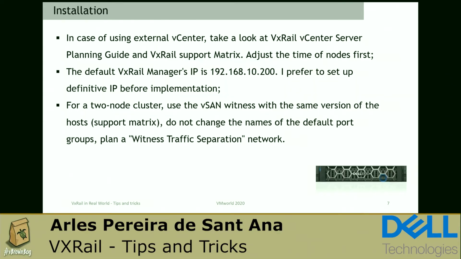In case of using an external vCenter, take a look at the VxRail vCenter Server Planning Guide. This is a document because not every vCenter configuration is supported on the VxRail installation.